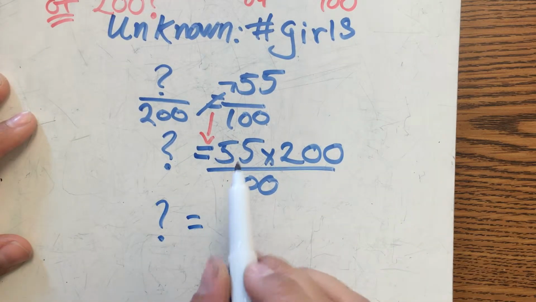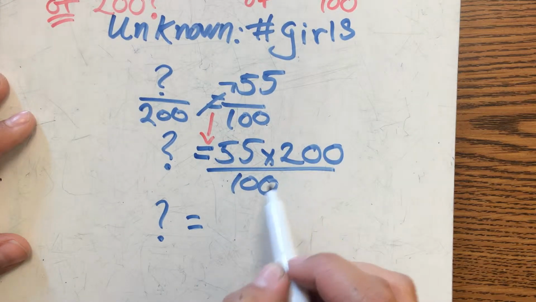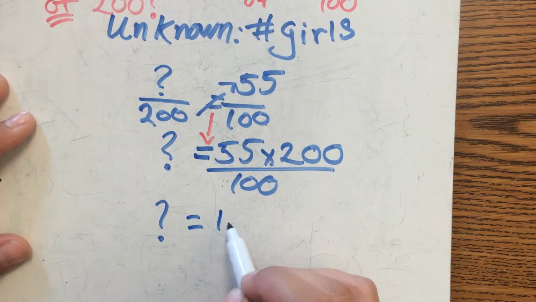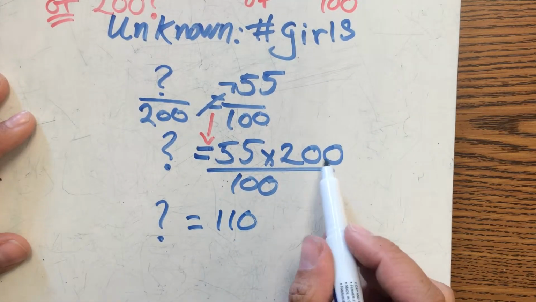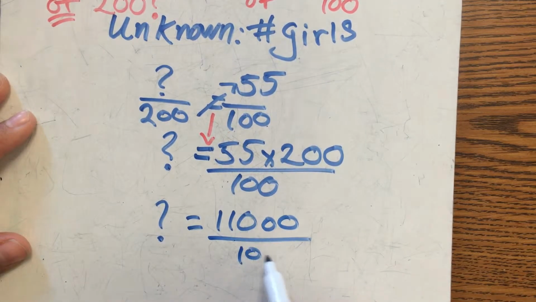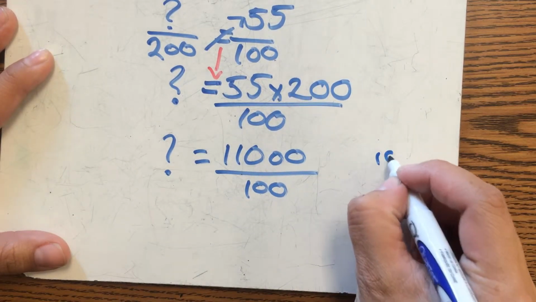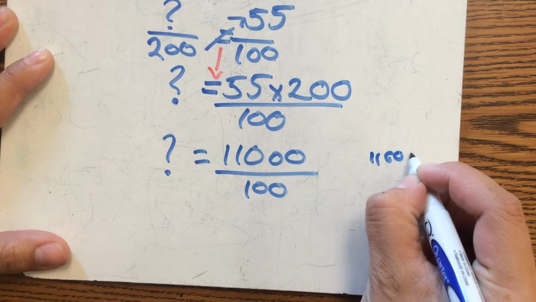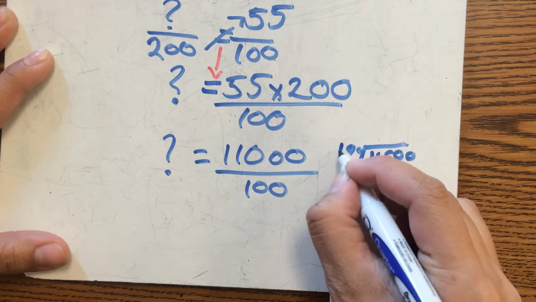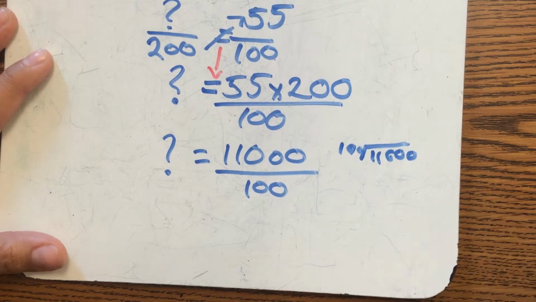Question mark equals 55 times 200. What's 2 times 55? It's 110 and 2 more zeros over 100. Don't waste your time doing the long division. 11,000 divided by 100.